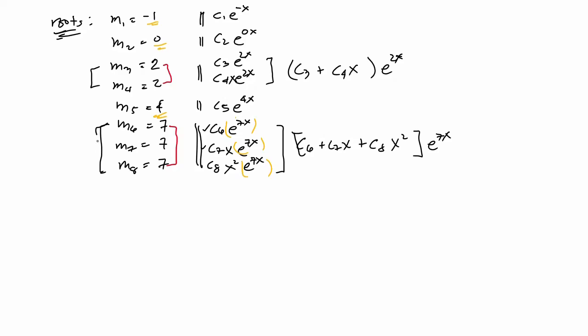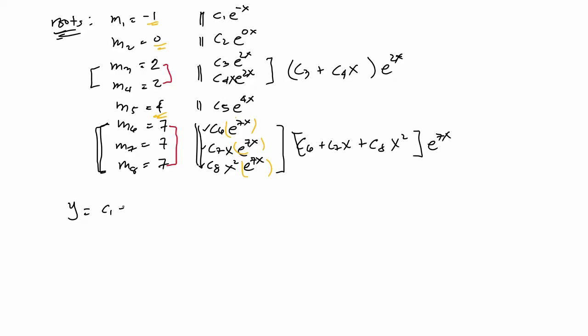And for this other set of repeated roots, you need to start again from e raised to the root times x, and then x will appear, and then x squared will appear, and then x cubed, and so on and so forth.